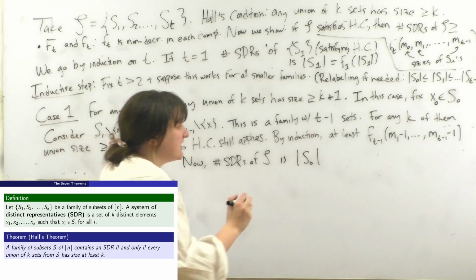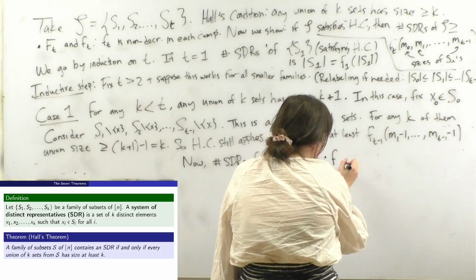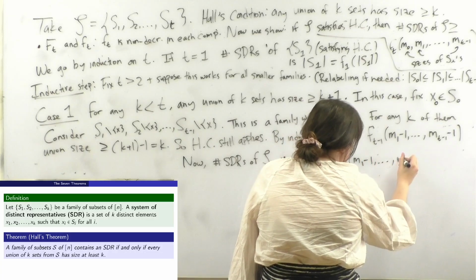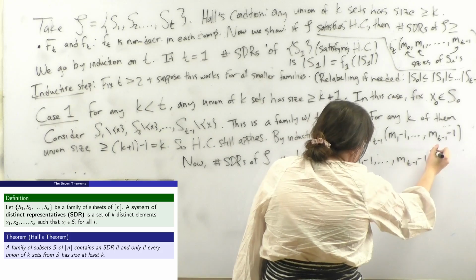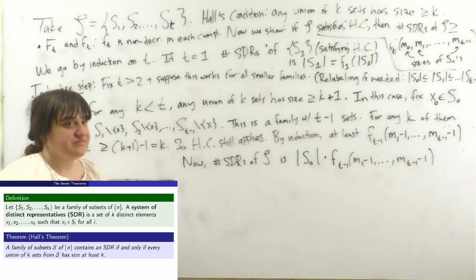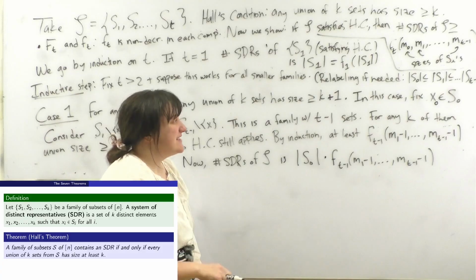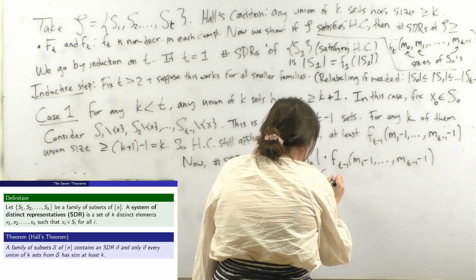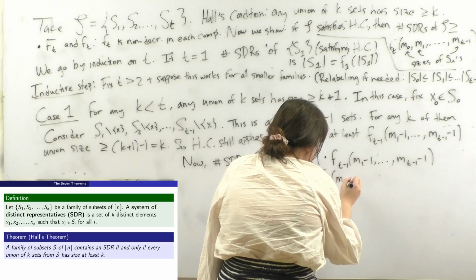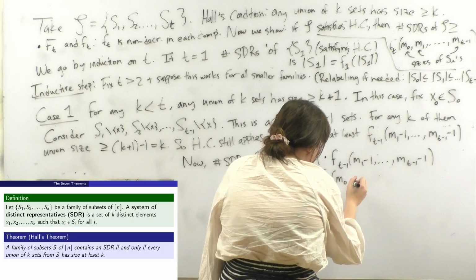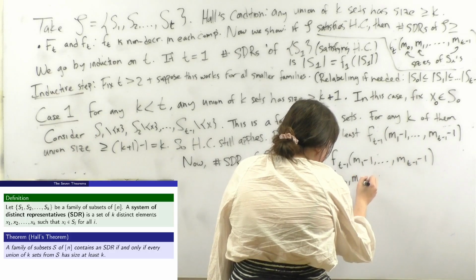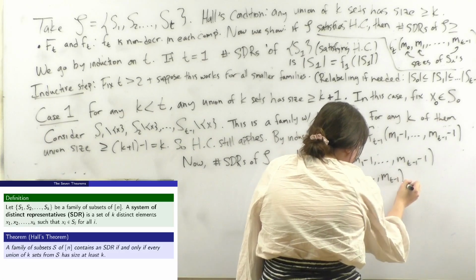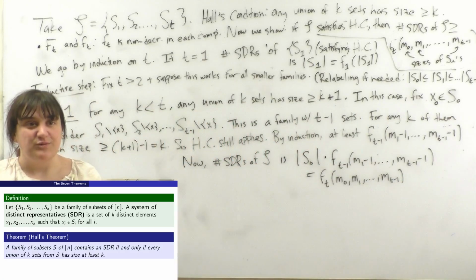And for every choice of X naught, now I have this F(t minus 1) of M1 minus 1 through M(t minus 1) minus 1. And then if you think about what this product is, it's actually just exactly Ft of this guy with the minus 1s taken away.